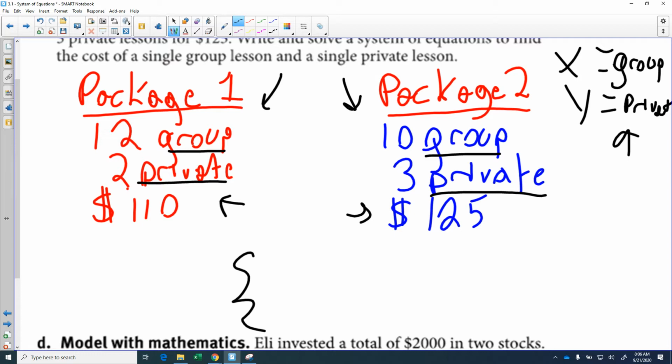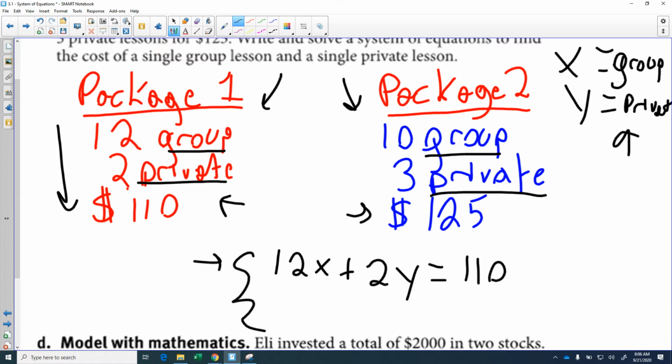In package 1, if I have 12 groups and it costs x per group, I'm going to take the value of 12x, because that's the groups times the cost of the group, plus 2y equals 110. And if you compare this equation to what I have under my grouping, notice how it literally just goes down the line of what we already have been given.